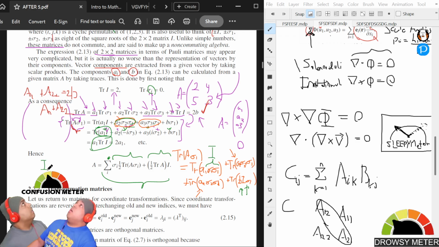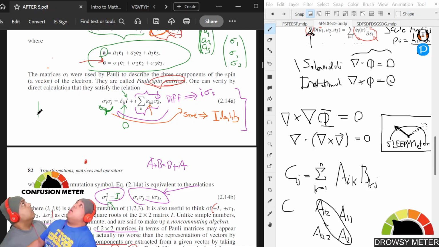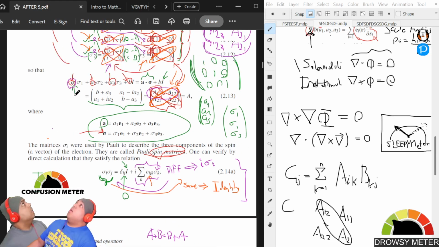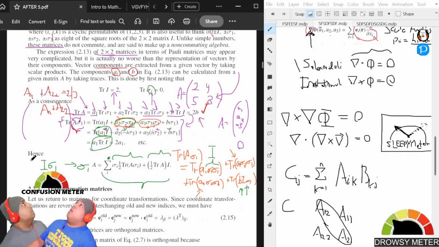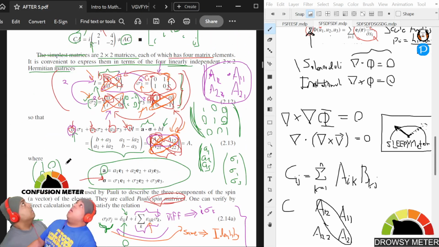Maybe I times row 1 will just be row 1. I assume it will be because this is the identity. The identity matrix is 1, 0, 0, 1. And what do we multiply by? Row 1. Row 1 is 0, 1, 1, 0.